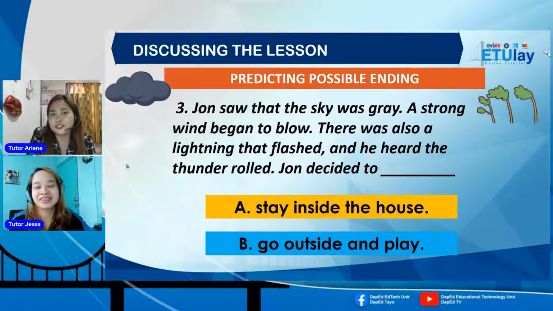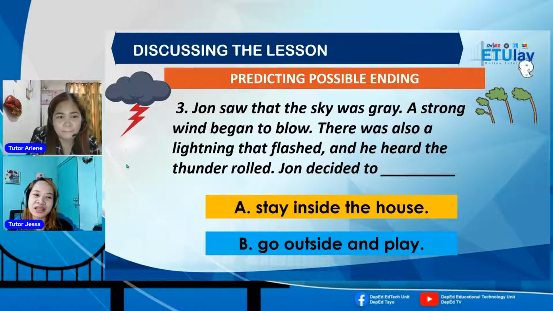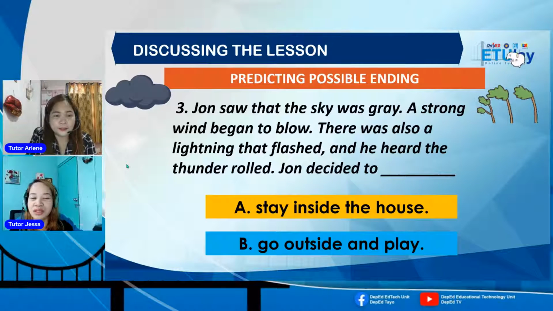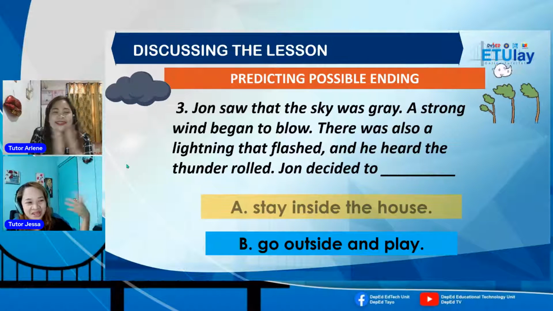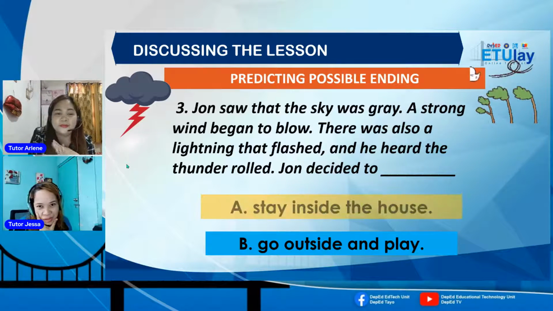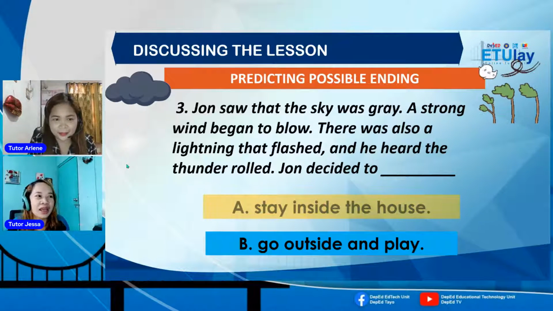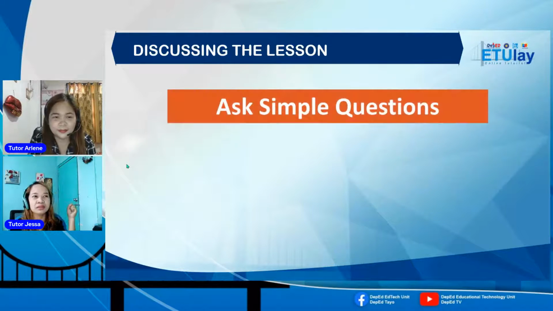Are they correct, Tutor Jessa? Okay, so let's see if John will go outside and play. Okay, of course. John will stay inside the house. Okay. Next, let's have... Ayan.